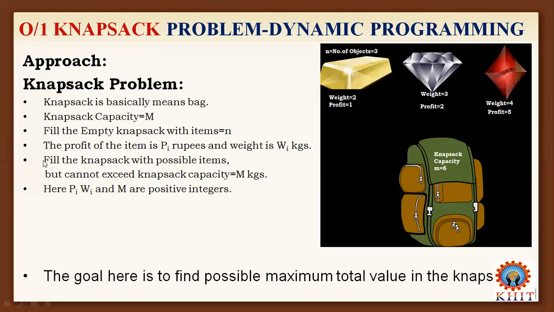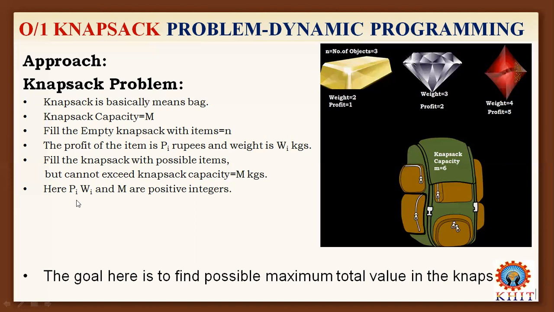The main objective of the given problem is to fill the knapsack with all possible items. Here there are 3 items. You need to fill the empty knapsack with possible items, but the condition is that the total weight of the bag cannot exceed the knapsack capacity.